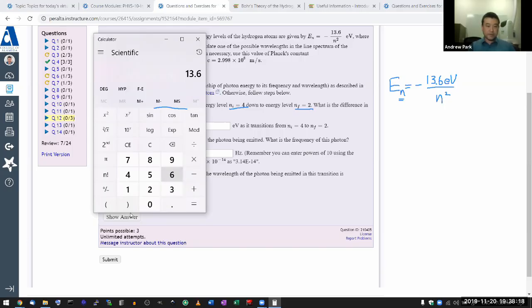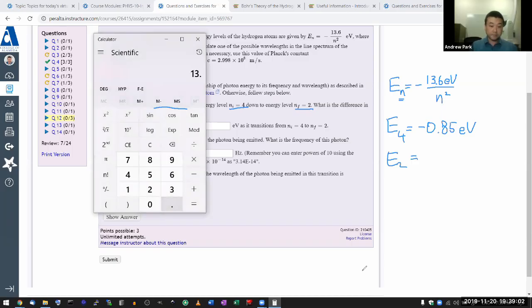So 13.6 divided by level 4 squared, equals 0.85. All right, let me write that down. E4 is equal to minus 0.85 electron volts. All right, seems reasonable. Let's keep going. Energy level E2. So I need to do this calculation again.